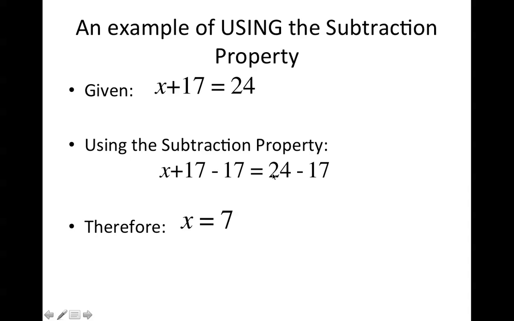If we simplify this side of the equation, the expression 24 minus 17 is equal to 7. So we just write x equals 7. And this equation means the same thing as this equation, but it more clearly states that the value of x is 7. So we call this solved.